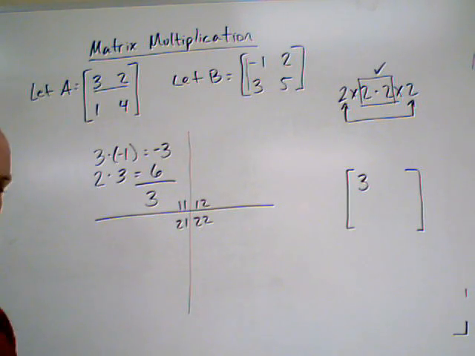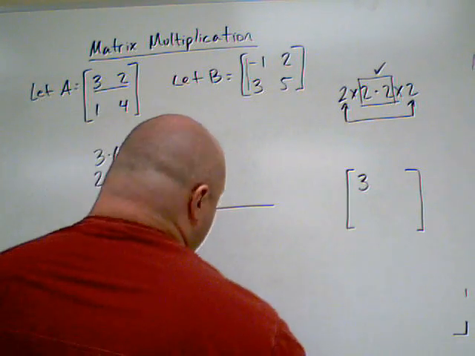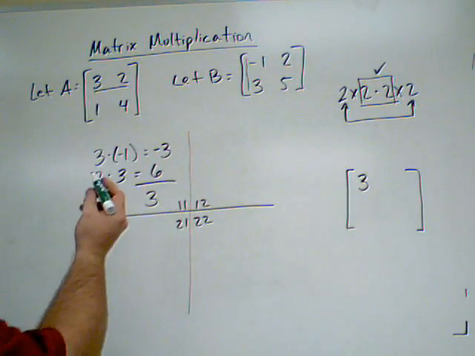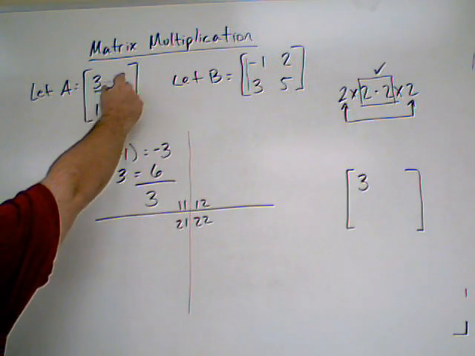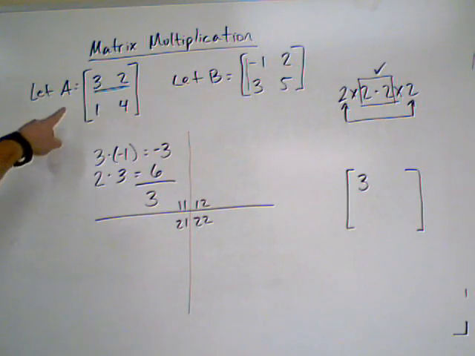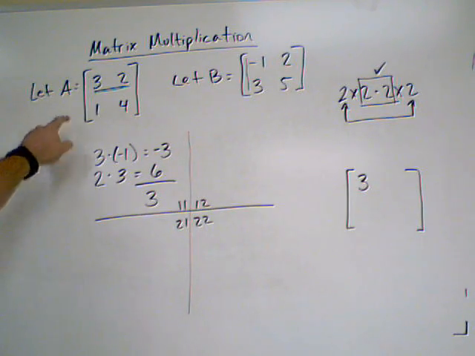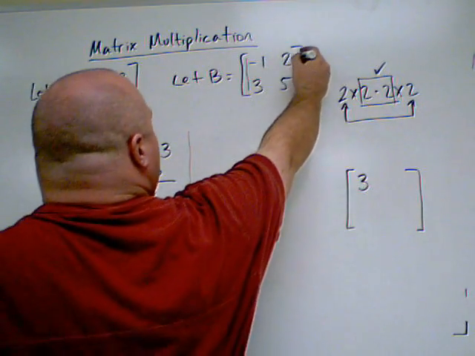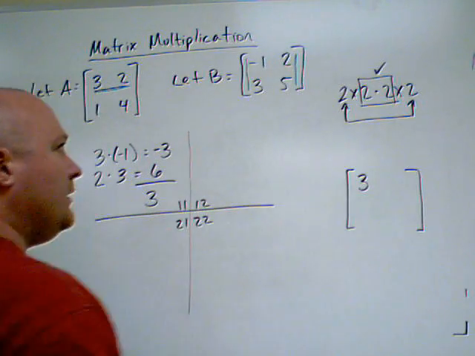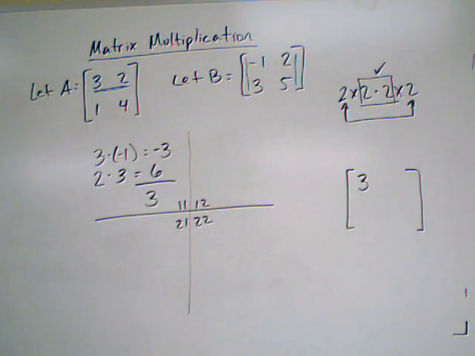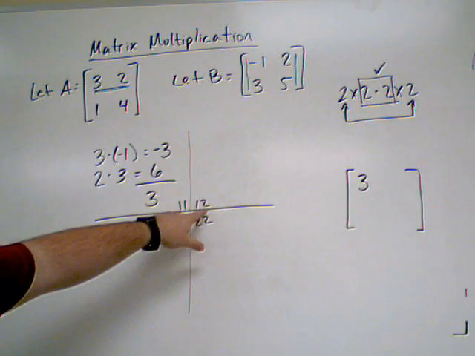Now, I'm going to change colors so hopefully y'all can see this a little bit better. We're going to stick with row 1 of matrix A, but now move to column 2 of matrix B. So row 1, column 2.